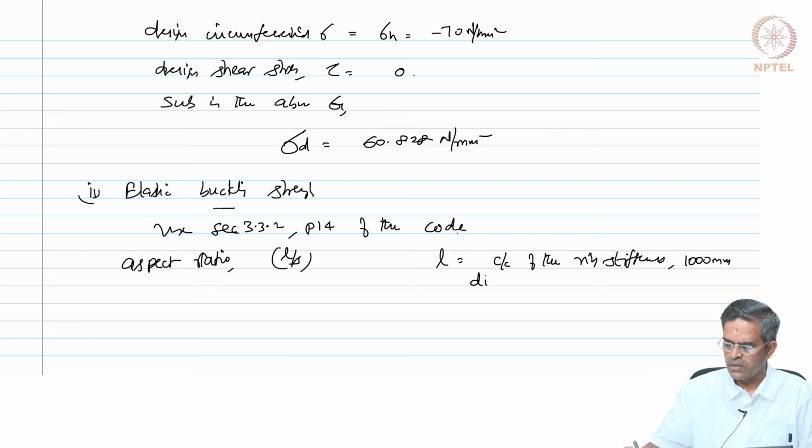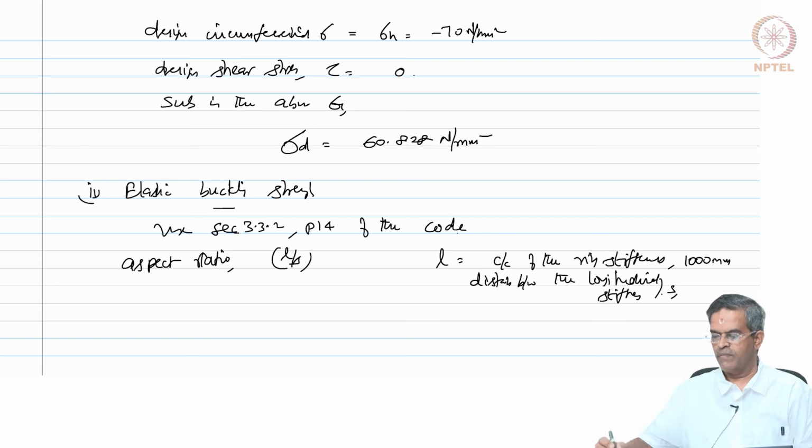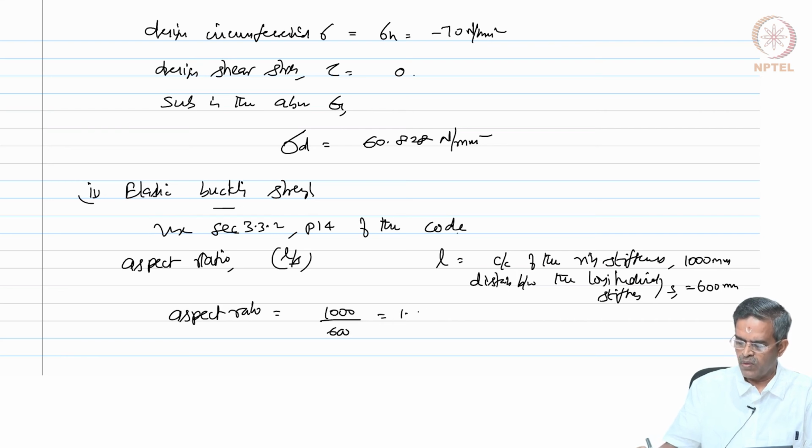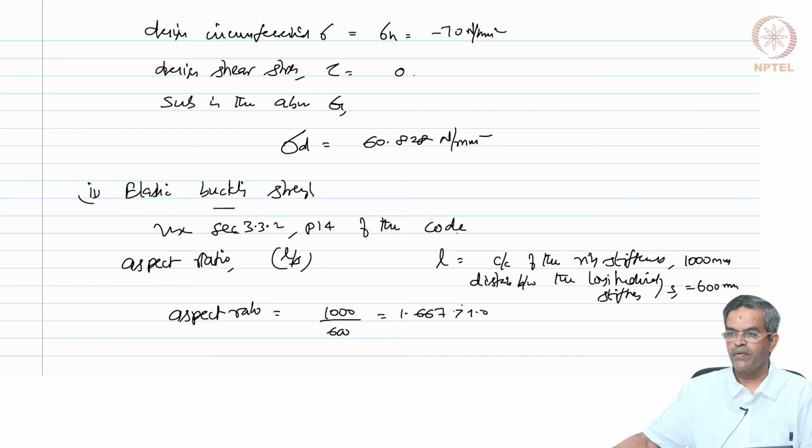Now, distance between the longitudinal stiffeners we call this as S, which is 600 mm. So, the aspect ratio in our case is 1000 by 600, which is 1.667, which is greater than 1.